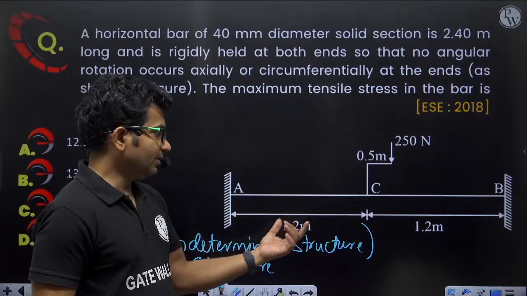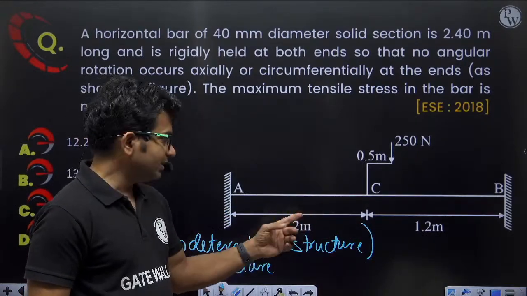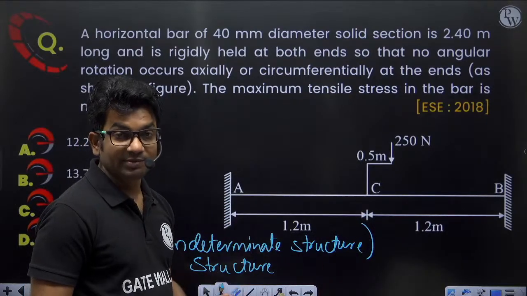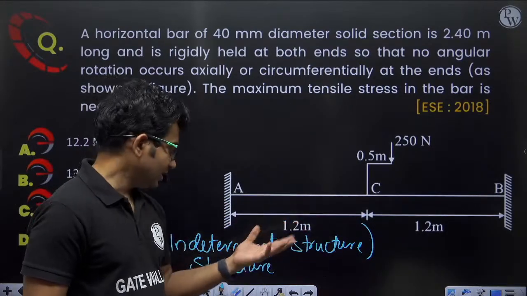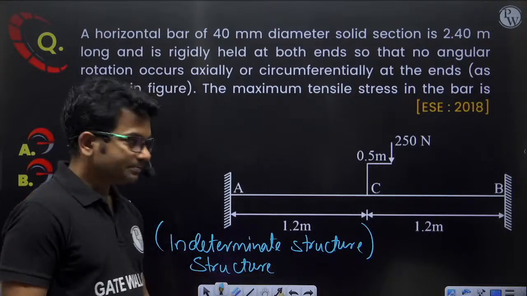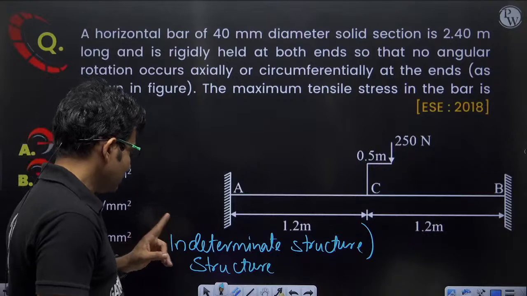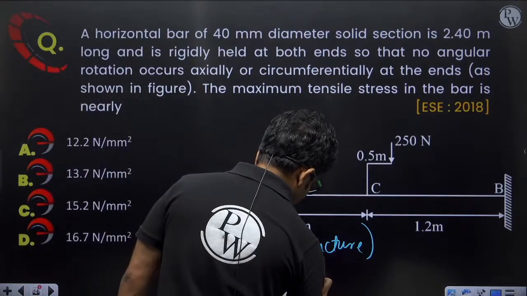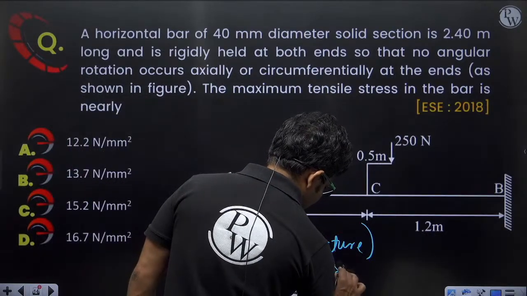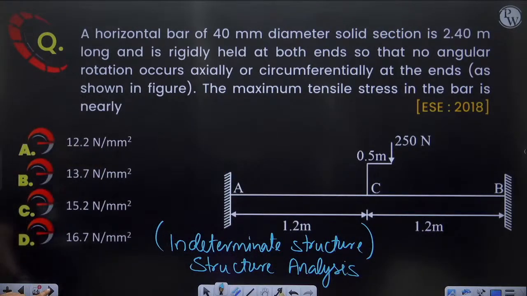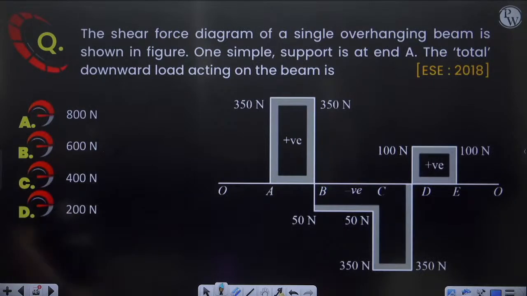Because of those fixed end moments and the moment here, we'll find the maximum bending moment coming in this beam, and from that the maximum tensile bending stress. This will be done in structure analysis. By mistake it has come in strength of materials, but it should be studied in structure analysis. So let's move on to the next question.